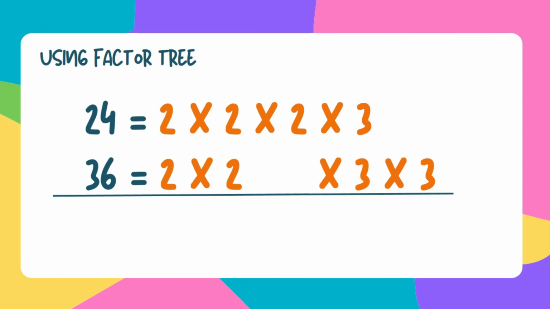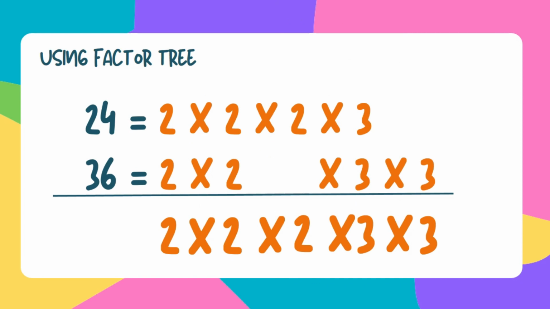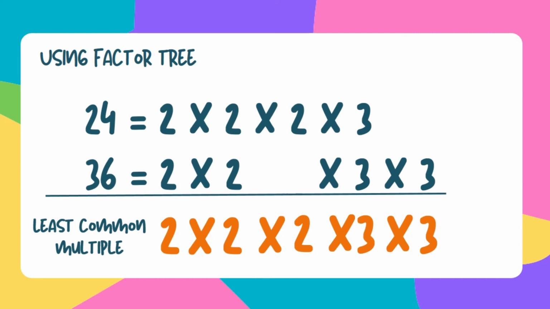After listing it down, we are going to bring down all their prime factors. To find the least common multiple of 24 and 36, we are going to perform multiplication. 2 times 2 times 2 times 3 times 3 is equal to 72.